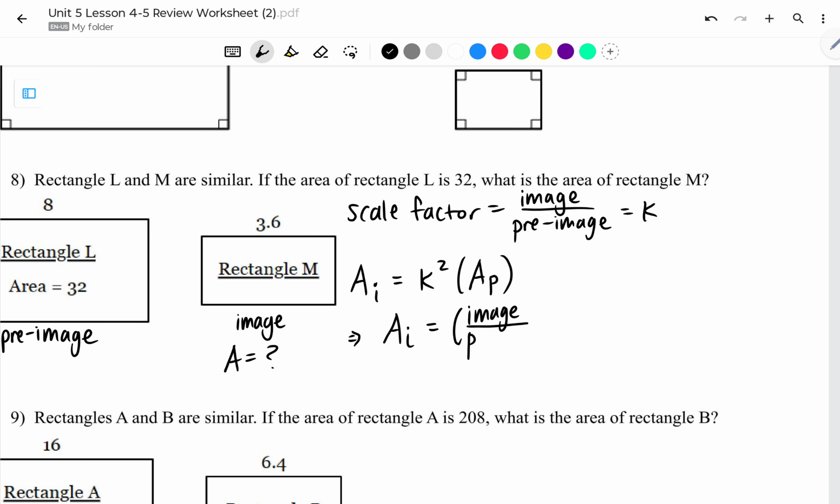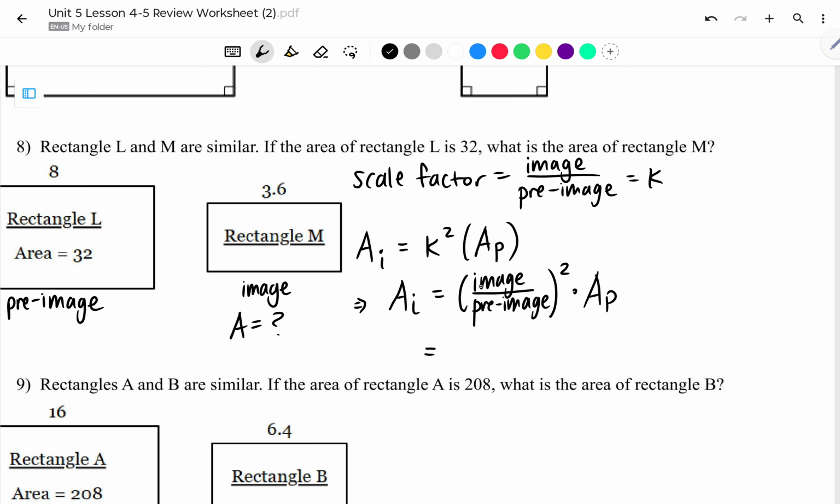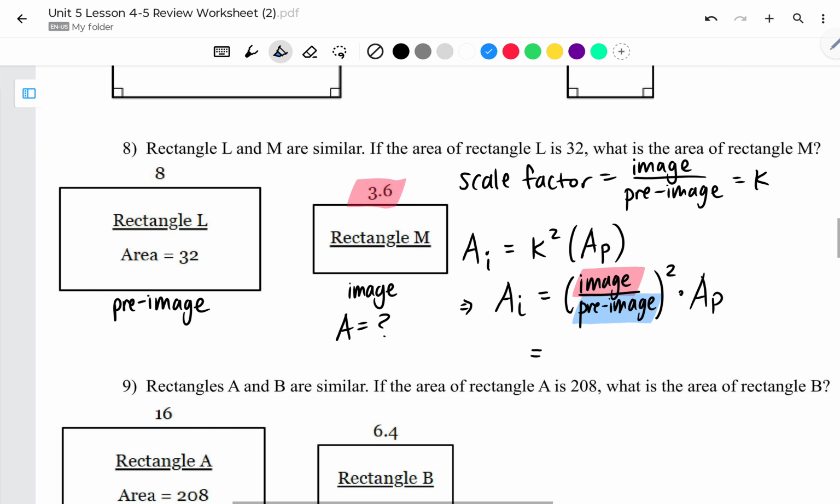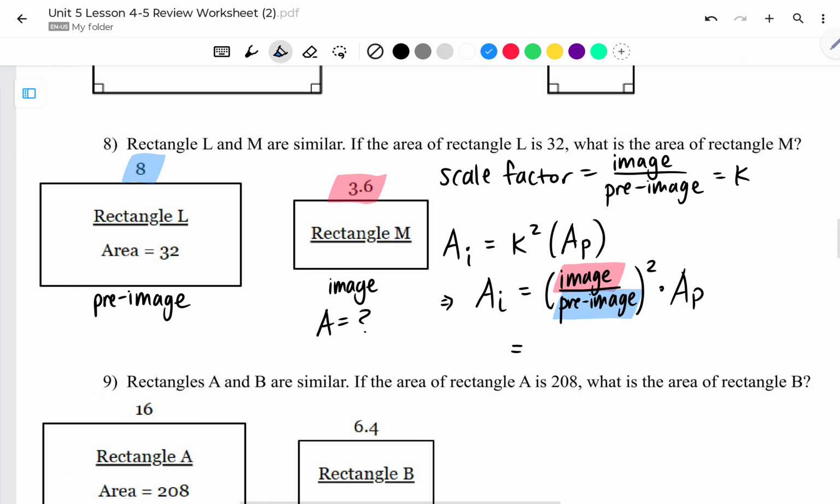So now I have everything I need. Let's go ahead and plug in my values. I want a side from the image, which is going to be 3.6. I want a side from the pre-image, which is going to be the matching side 8. And then I know the area of the pre-image is right there as well.